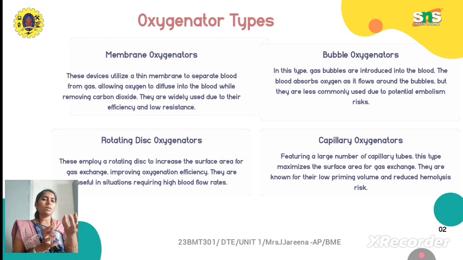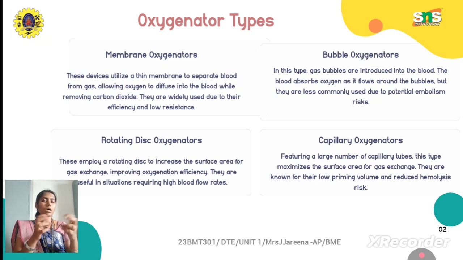Whenever the blood passes through these bubbles, it easily absorbs the oxygen and removes the carbon dioxide. Small bubbles carry the oxygen, which is easily absorbed by the blood, and large bubbles easily absorb the carbon dioxide from the blood.